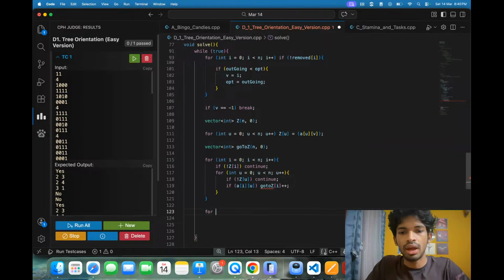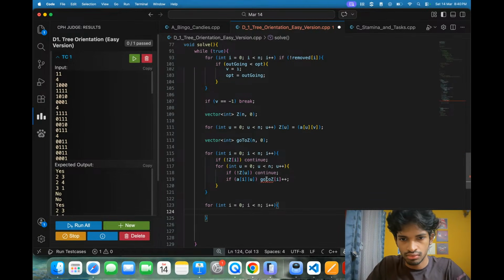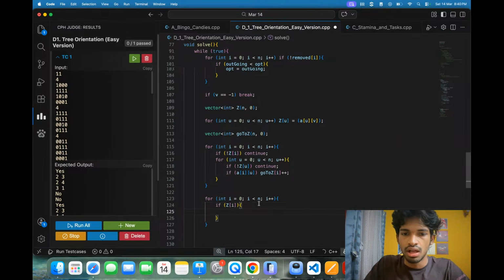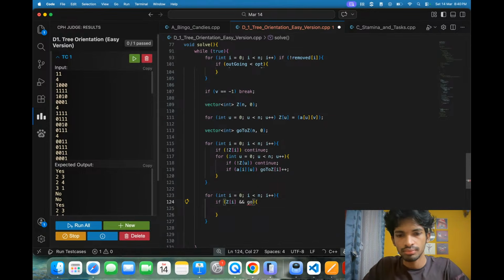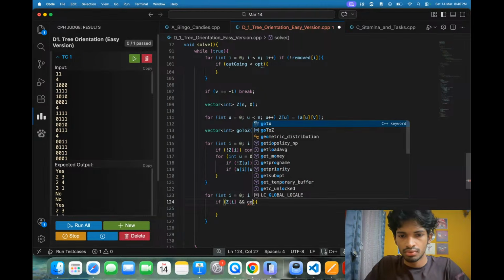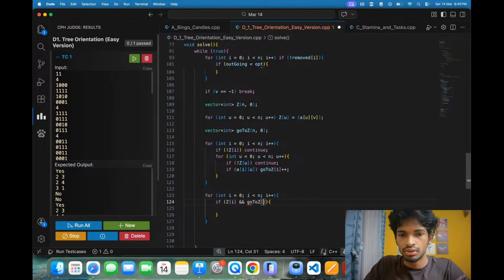Now you have to add edges. You have to add edges for everything in Z and go to Z of I equals to 0.